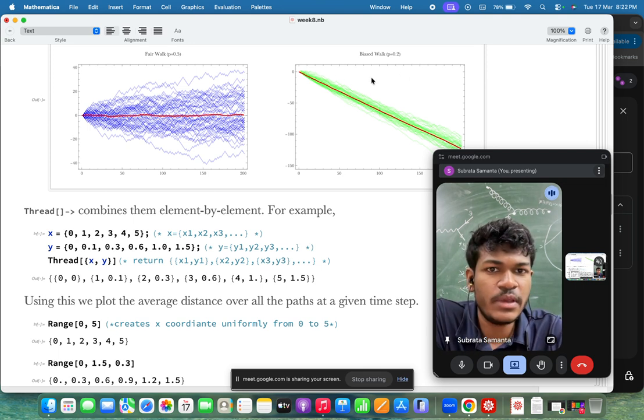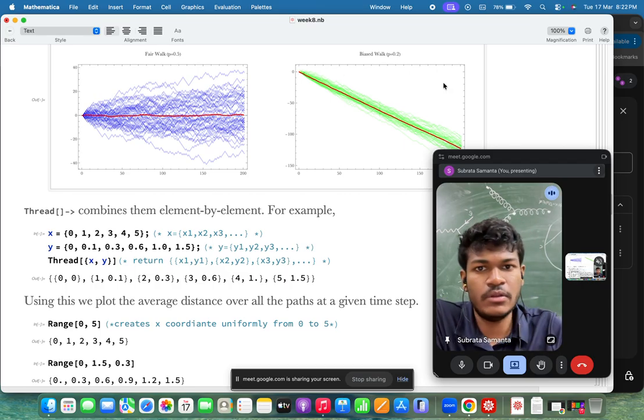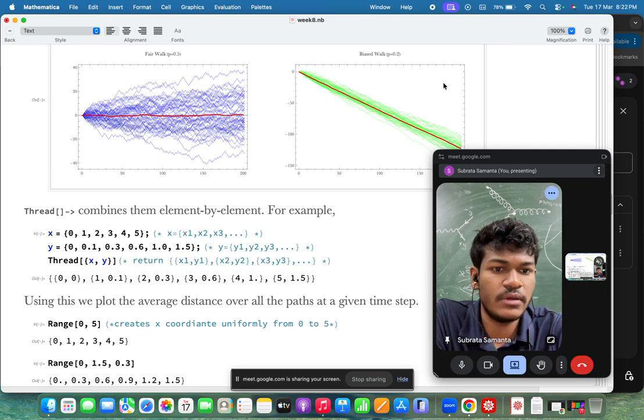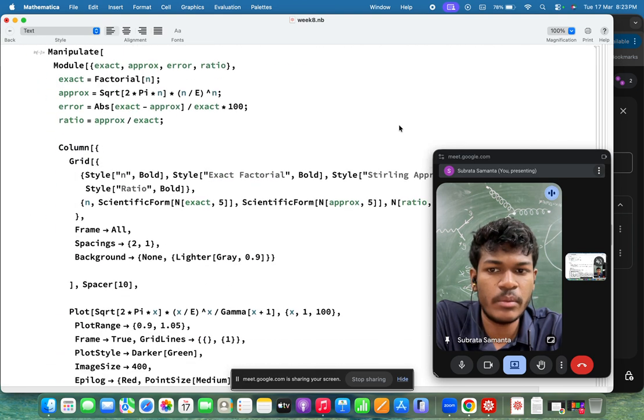Otherwise, if you calculate around the origin, or around the y equals 0 line, it is biased. It is always shifted in one direction, depending on the bias in the positive or the negative direction. But if you calculate the moment around the average, the red one, that is basically the central moment.